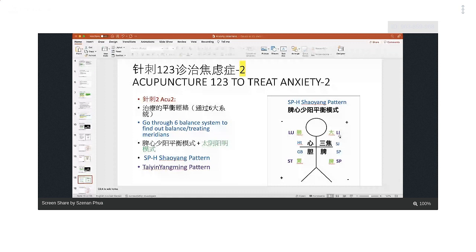Foot Yang Ming, stomach, right foot. You see, on top of spleen, heart, Shao Yang pattern, we add on the Tai Yin Yang Ming pattern. There are 8 meridians in total, right? 8 meridians in total.